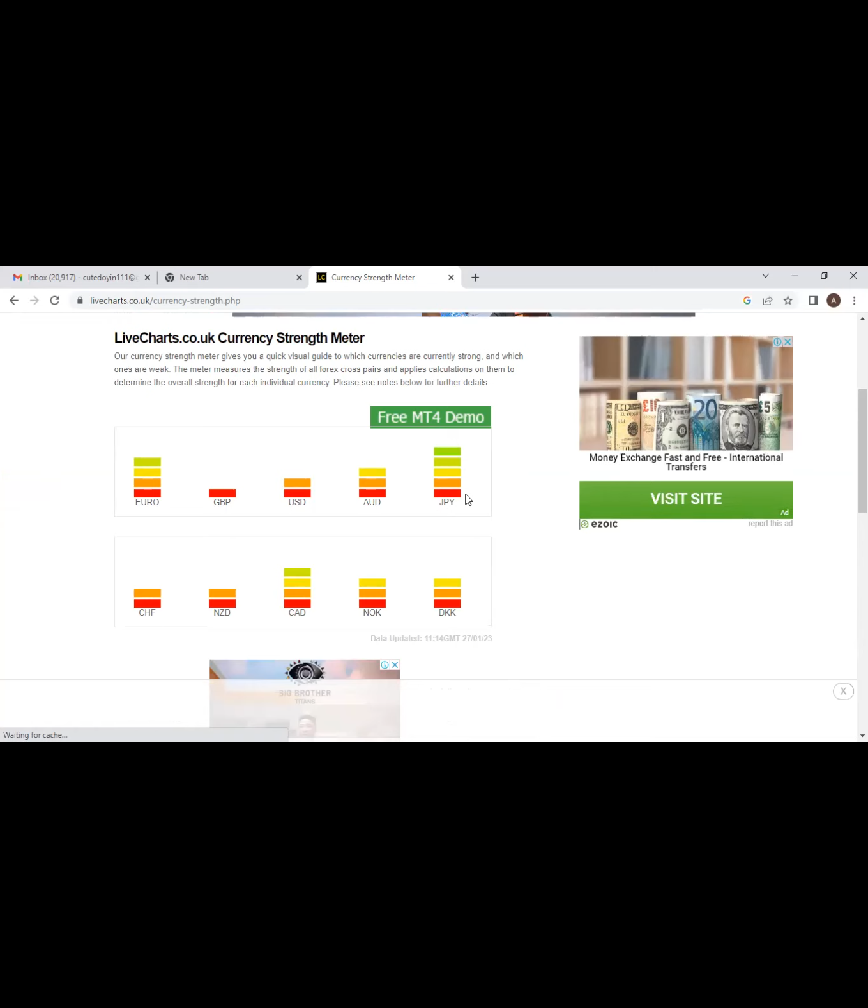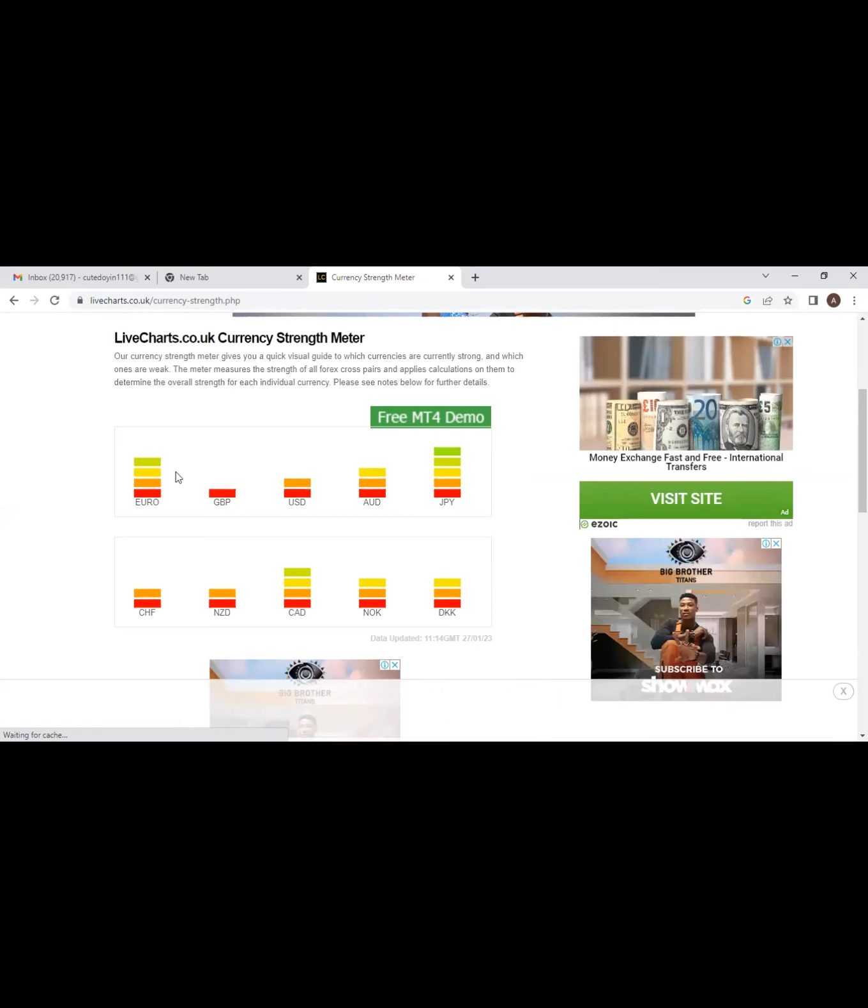Now, something you notice about them, some are stronger than the others. How do you know the strength? Based on the number of bars. The strongest would always have 6 bars. But you can see this is just 1, 2, 3, 4. So this is still stronger than the one that has 1. And JPY. So of all the pairs right now, I could say JPY is the strongest with 5 bars.